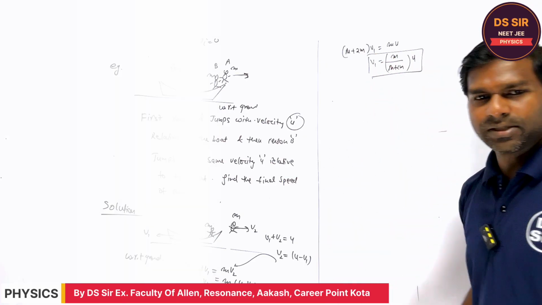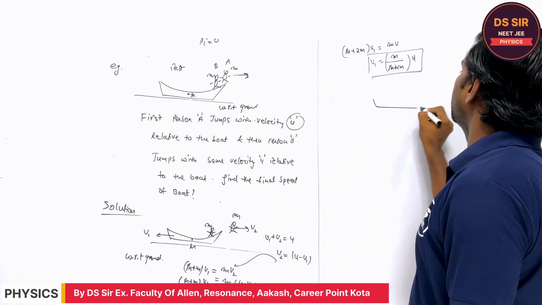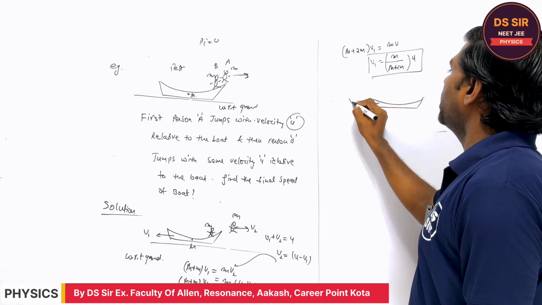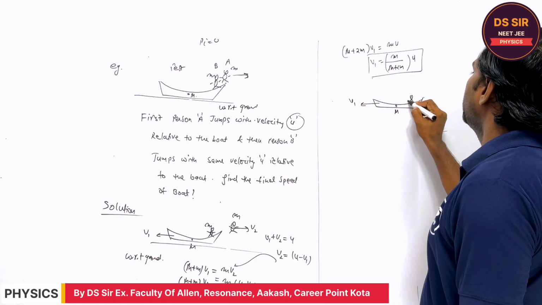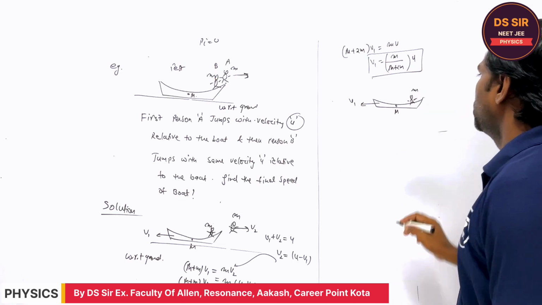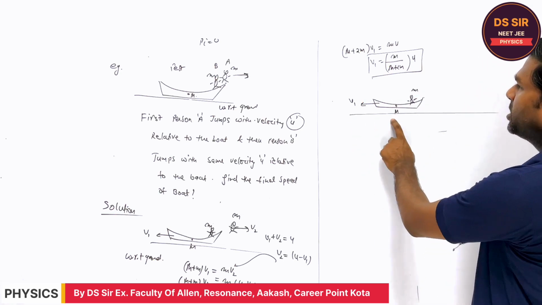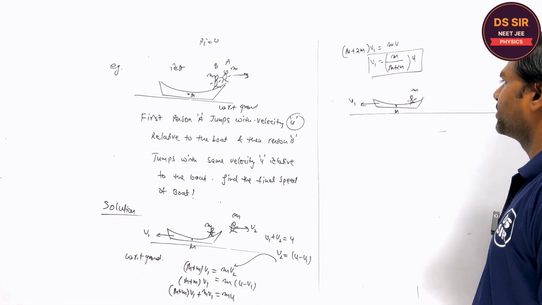First copy this. So listen one thing. When it acquired the speed v1, the cart of mass M, and this is the mass m. So now before jump, this is the initial momentum of the boat plus man system.